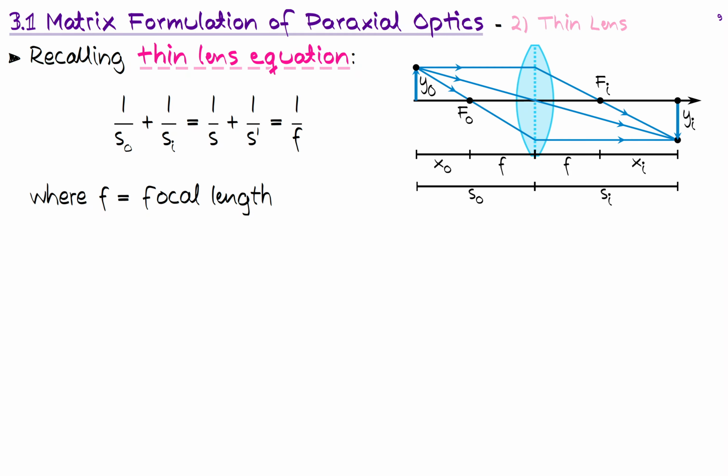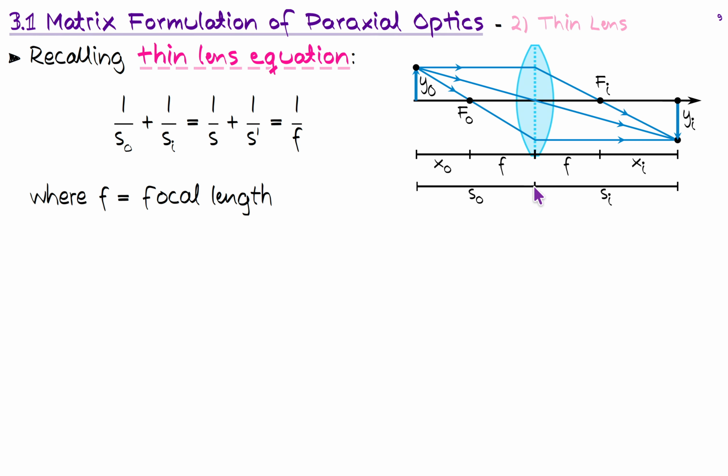This picture hopefully clarifies the variables if you have forgotten our basic optics course. S_O is the distance of our object or point of interest, the point from where the ray starts propagating, to the principal plane of our thin lens.